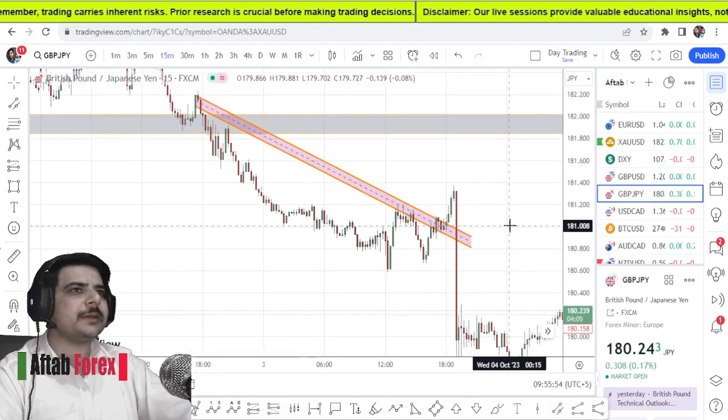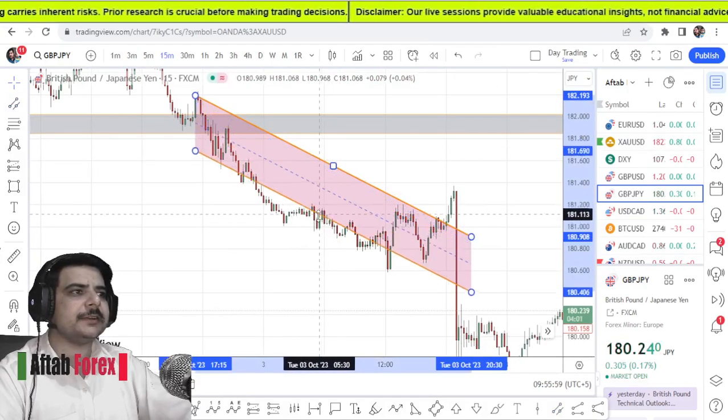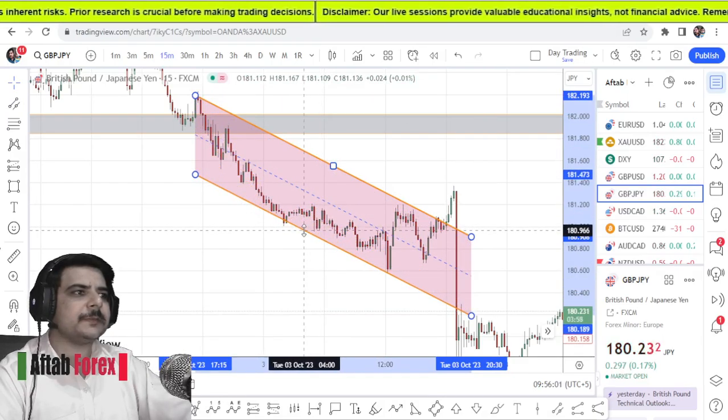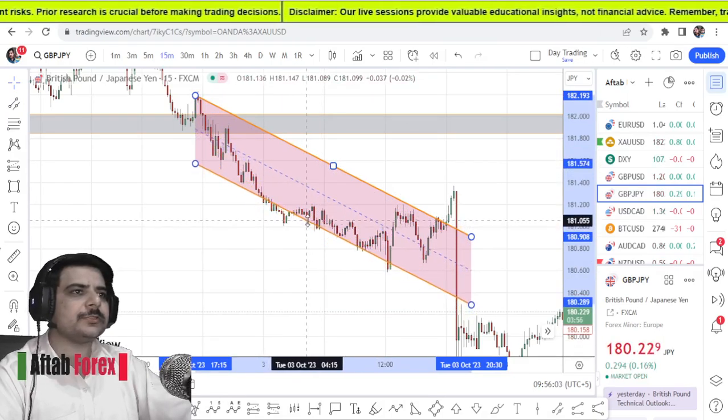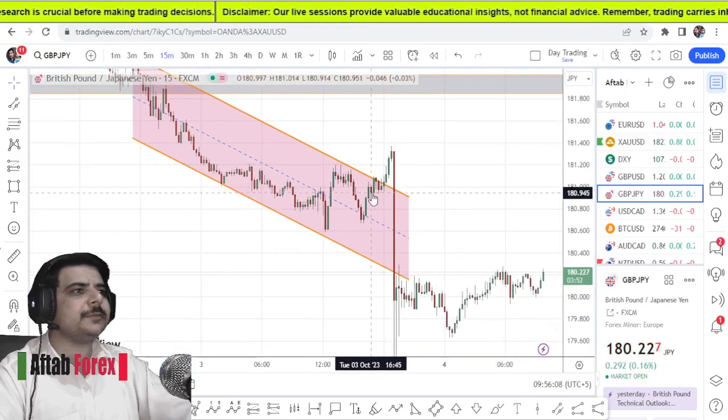So yesterday what happened is, since it was trading in this channel right here, you see this one. No, it was something like this. Yes, so it was trading like this, a little bit of false breakout.